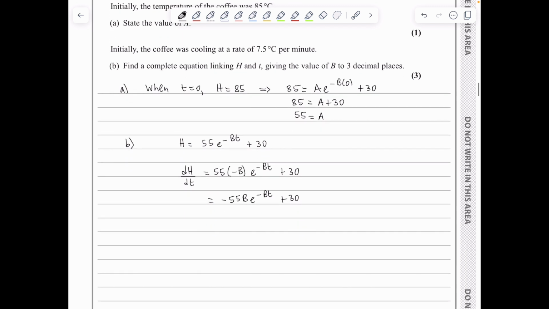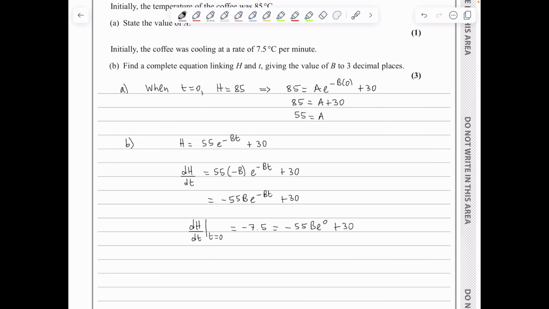Now, initially we were cooling at the rate of 7.5 degrees Celsius. So dH/dt when T is 0 was negative 7.5. Well, it's negative because the temperature was dropping, the cup was cooling down. So this is equal to minus 55b e to the 0 plus 30.